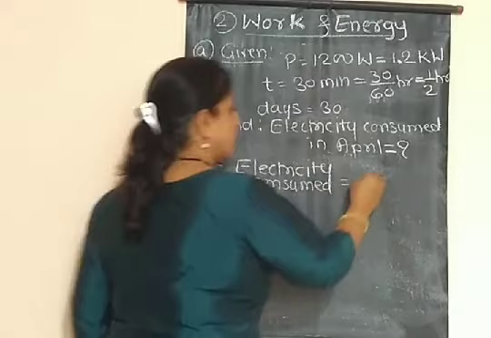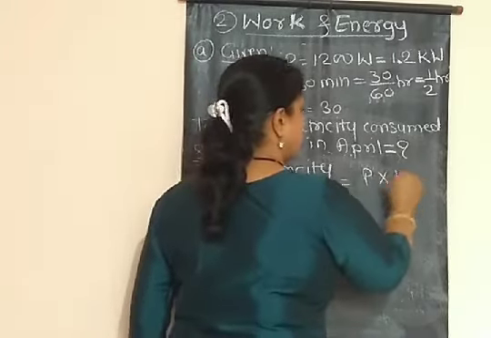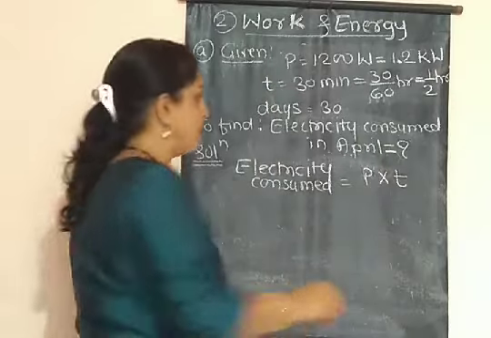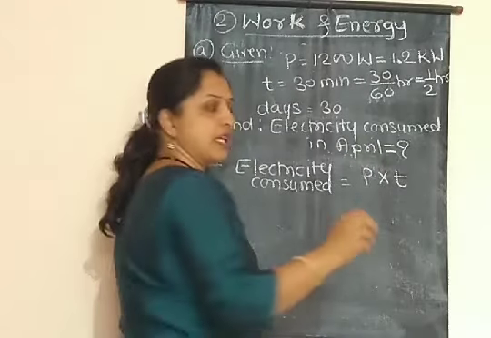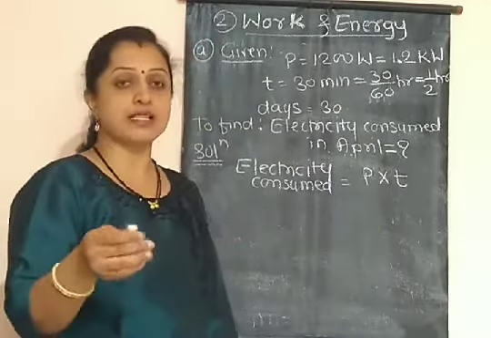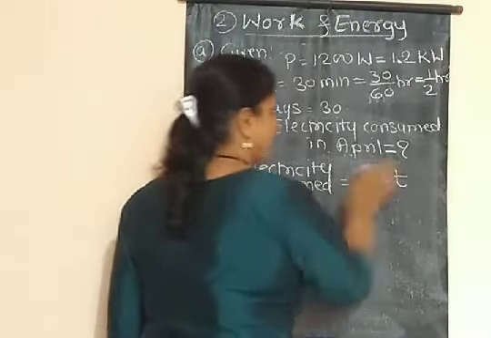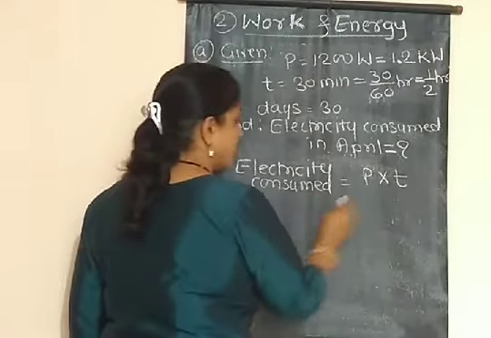How to find out? That is equal to power multiplied by time. In the last lecture we have seen this formula, electricity consumed is equal to P into T, or you can say work done, which is nothing but the energy, so energy is equal to P into T. Now let us substitute here.